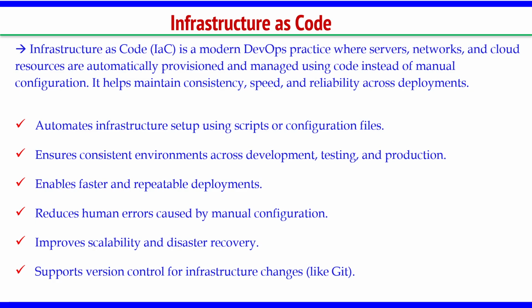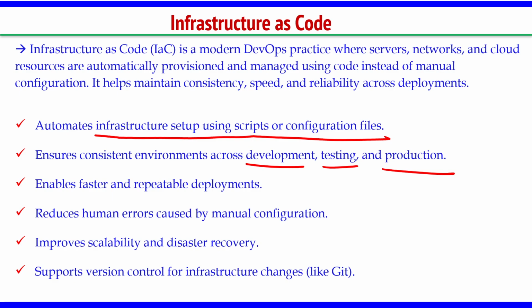What are the benefits of using IaC? It automates infrastructure setup using scripts or configuration files. It is obvious we will be writing some script. It ensures consistent environments across development, testing and production. Same set of environments are created in all the platforms, because we have different environments.